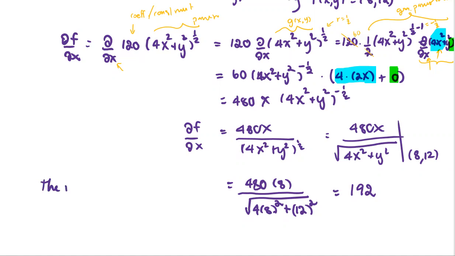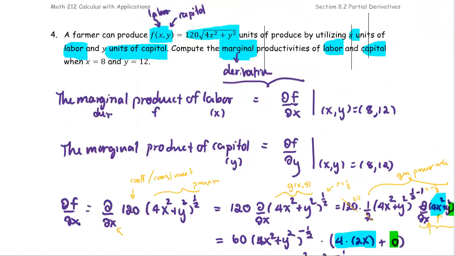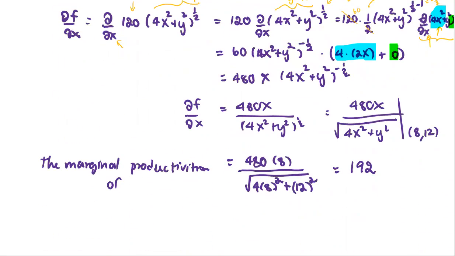So this is the marginal productivity of labor. That is the rate of change of the product if the labor changes by 1 unit.